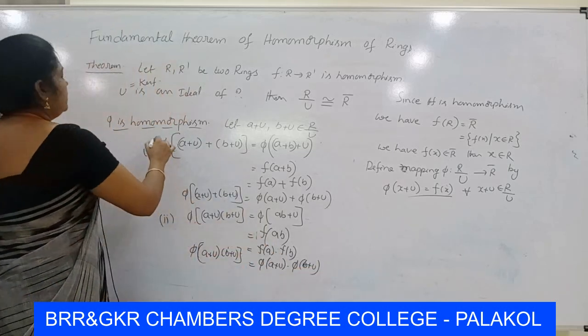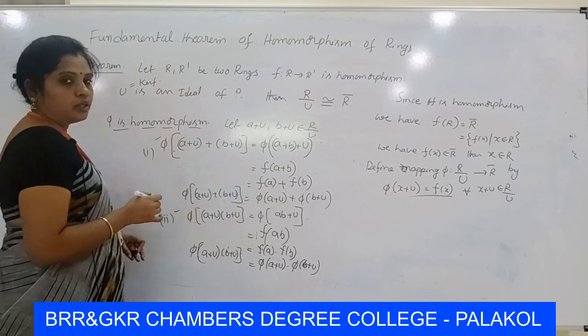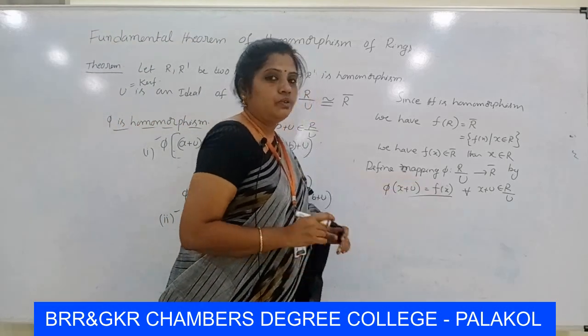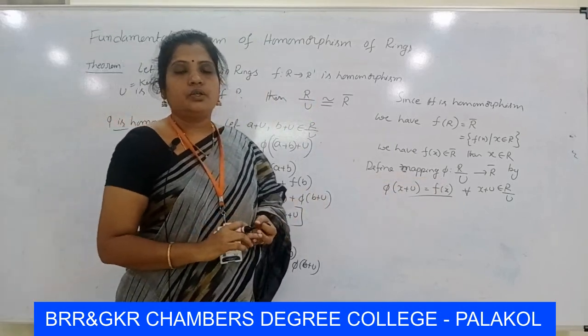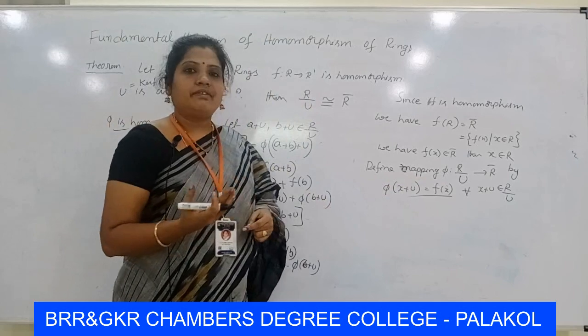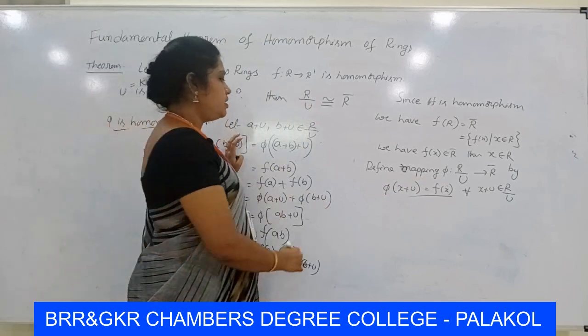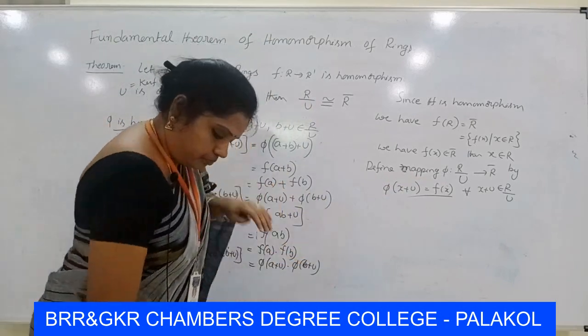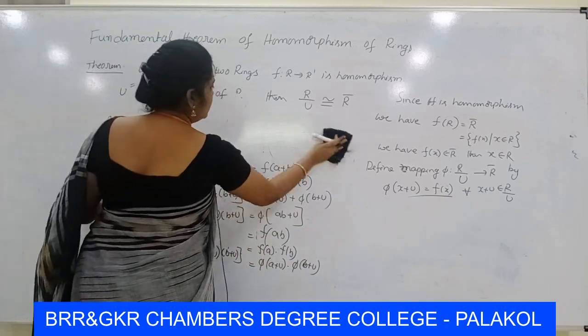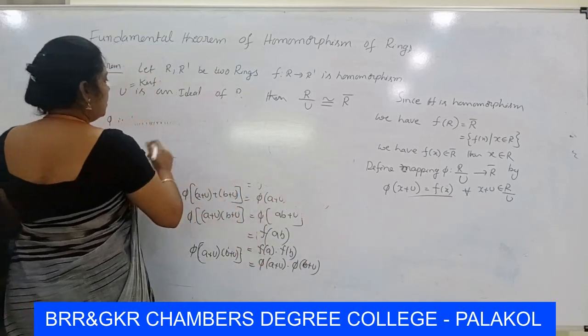Therefore the two homomorphism conditions are proved for the mapping phi. So phi is one-one, onto, a homomorphism, and we also proved that it is a well defined function. Therefore phi is an isomorphism.